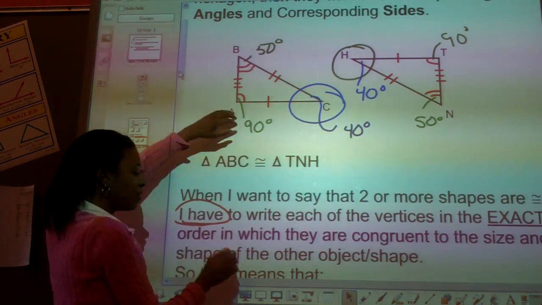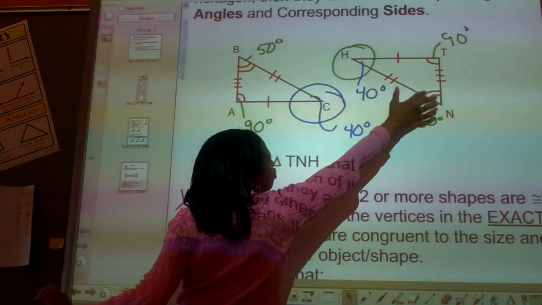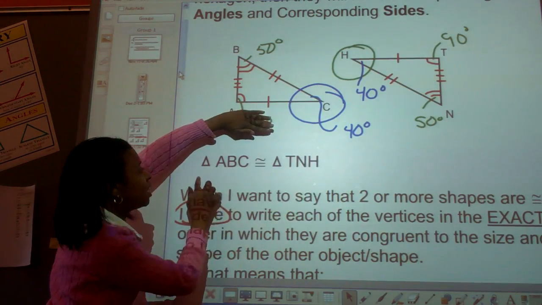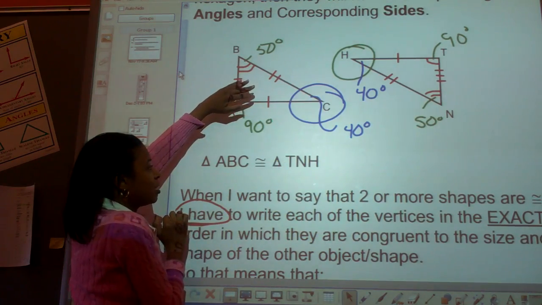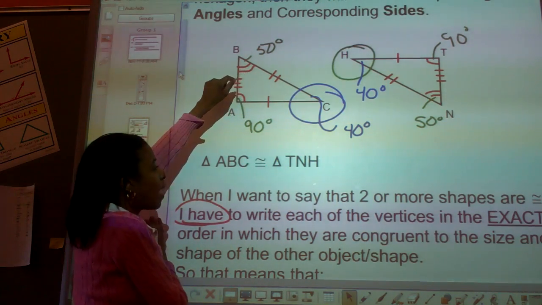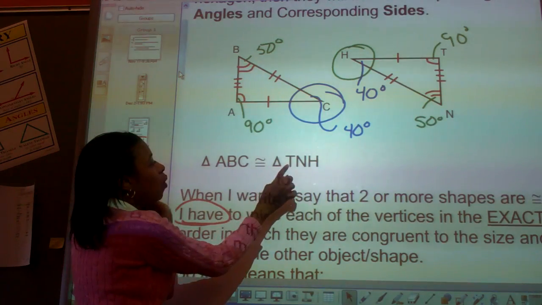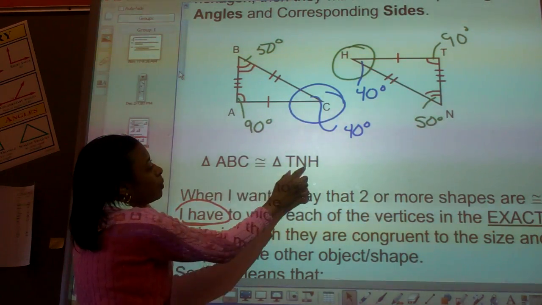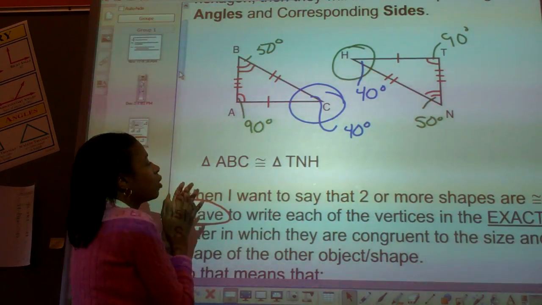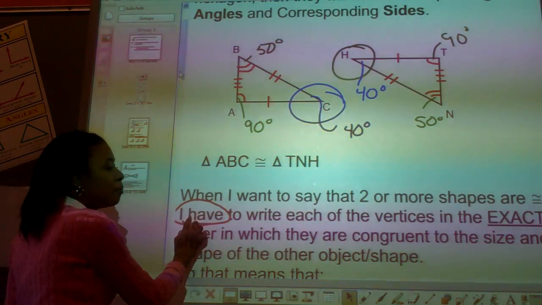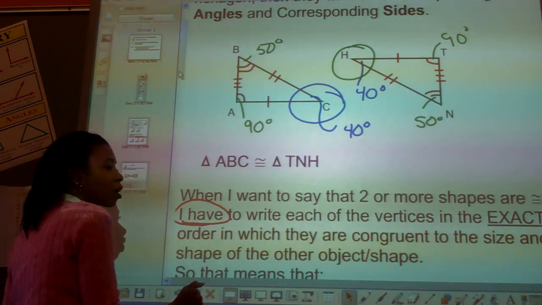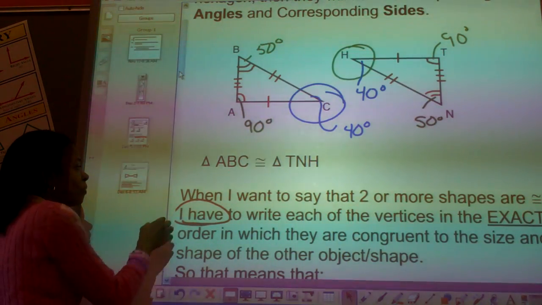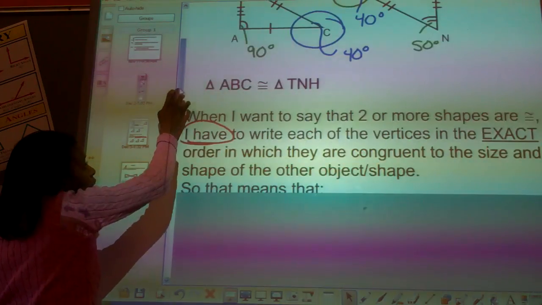That tells me even if this picture was not drawn, and I was only given this statement, triangle ABC is congruent to triangle TNH, I know what angle corresponds to what. Angle A corresponds to angle T, angle B corresponds to N, and angle C corresponds to H. They must be written in the exact order in which they correspond and are congruent to the same size and shape of that particular object. So here it is.